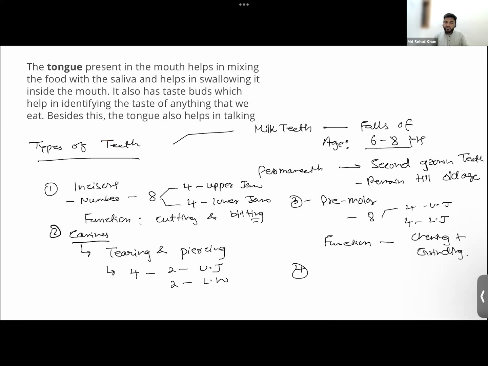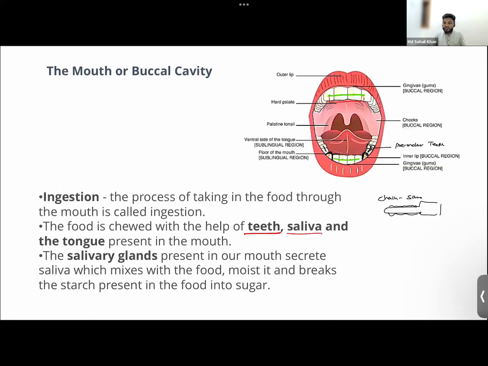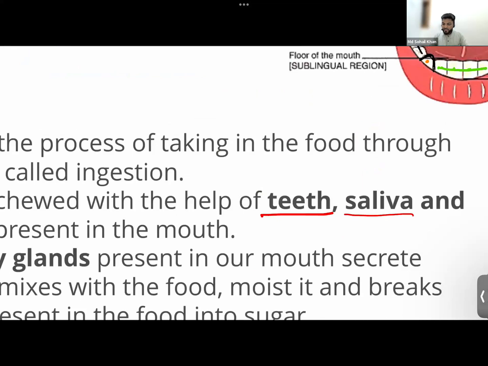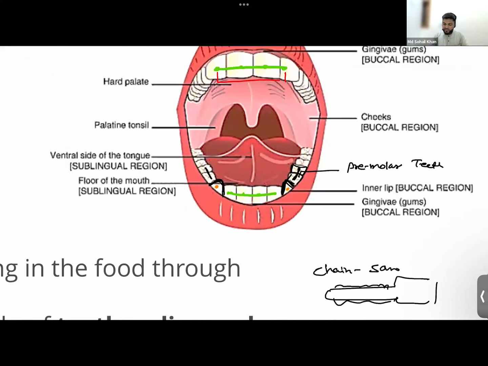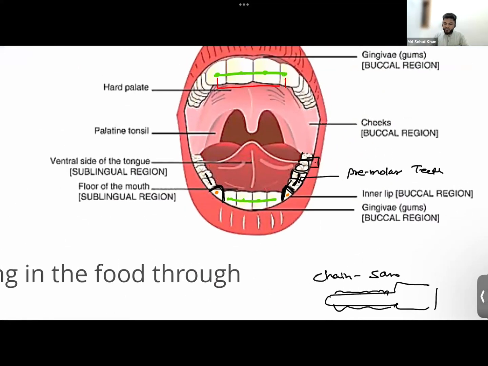Okay, now comes the last teeth. See the last teeth here. These two teeth here. What are they called? They are molar teeth. Okay, and their function is basically to grind the food.